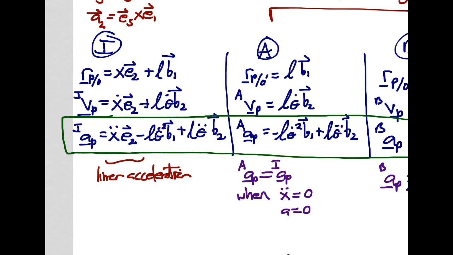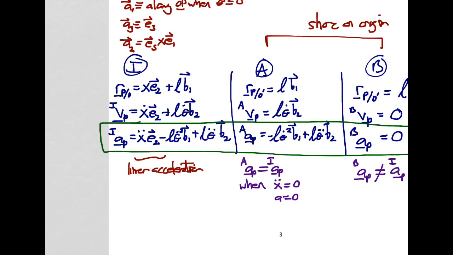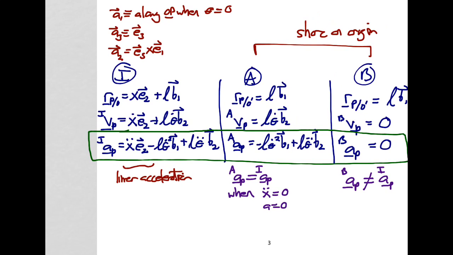And so this tells us something really important. It tells us, and we've said this multiple times, that although frame A is not fixed to the stars or fixed in absolute space, like what is required in Newton's second law, when it's moving at a constant velocity, or in other words, x double dot is equal to 0, with respect to the inertial reference frame, you can use observations in the reference frame A to apply to Newton's second law.